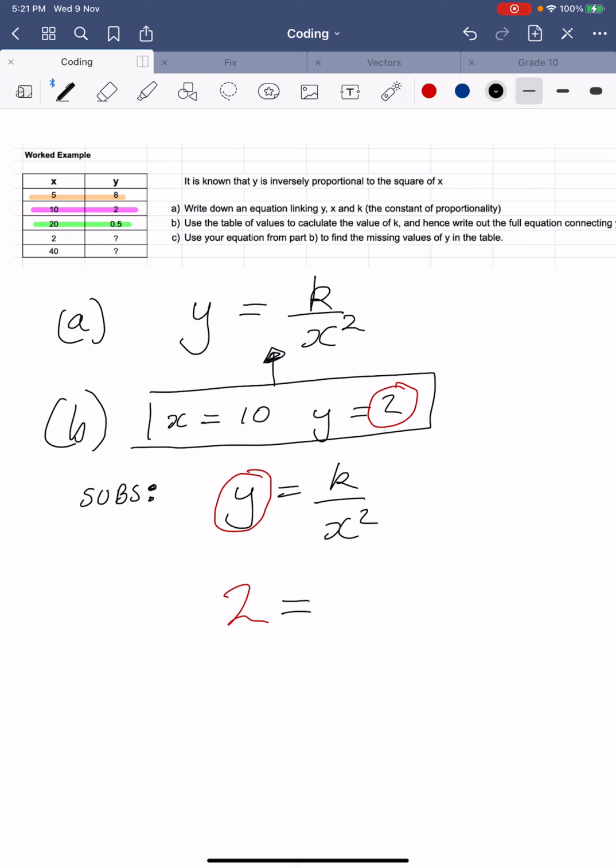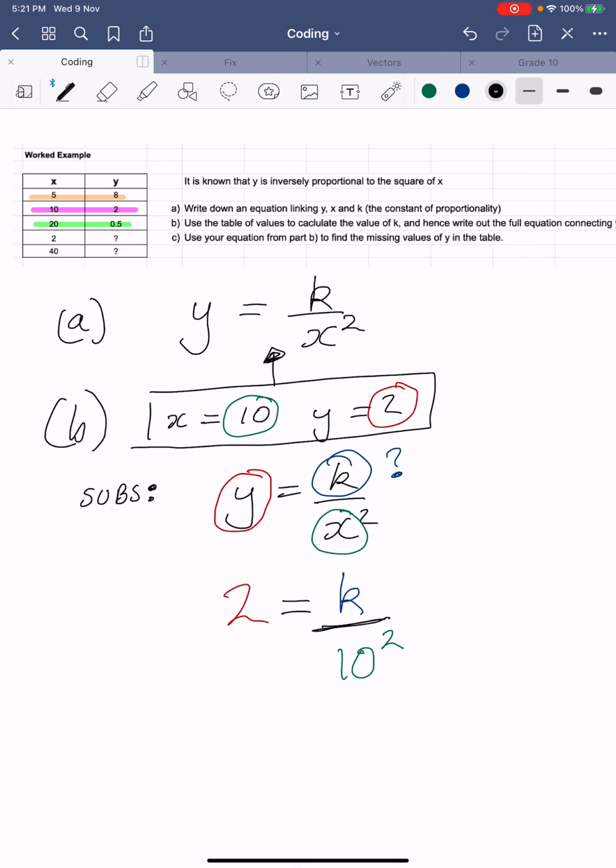Instead of the k, well, we actually don't know what the k is, right? So we have to leave k exactly where it is. And instead of the x, we are going to replace it with 10. So we have 10, but don't forget we've got a 10 squared there. All right, so there we have it. We've substituted the values of x and y in here.